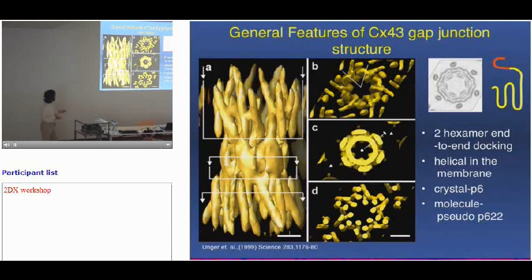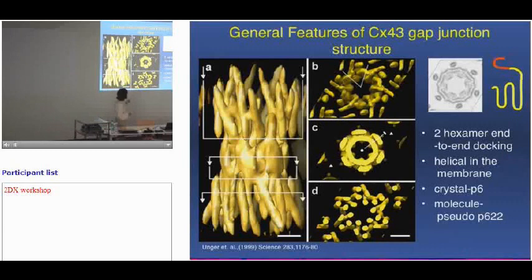The gap junction structure is made out of 12 connexin proteins, and it's 2 hexamers docked end to end to each other. So here's the transmembrane part, the 2 transmembrane domains, and there's the extracellular gap, which forms a really tight seal. So it is a good channel between 2 cells.